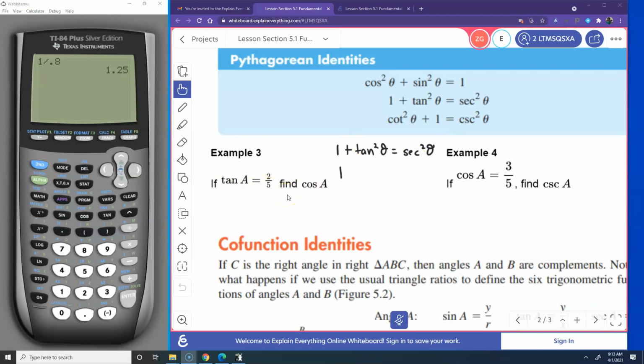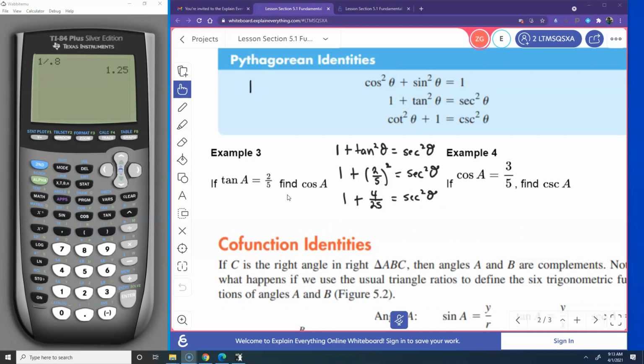So we have 1 plus, and we know that tangent theta is 2/5, and we're going to square it, equals secant squared theta. So I have 1 plus 2 squared is 4, 5 squared is 25, equals secant squared theta.